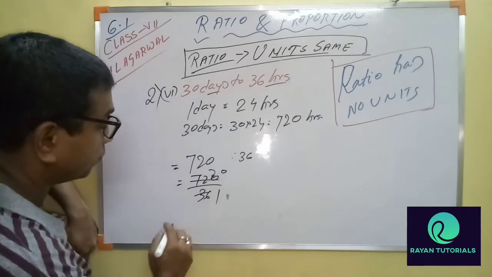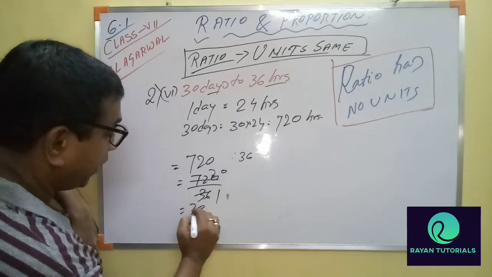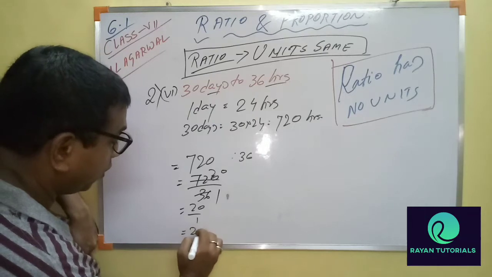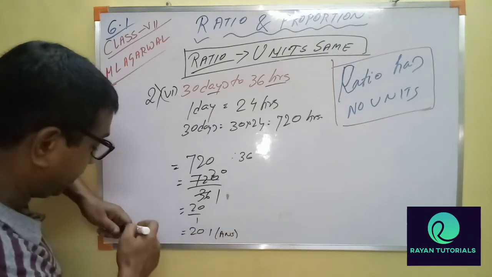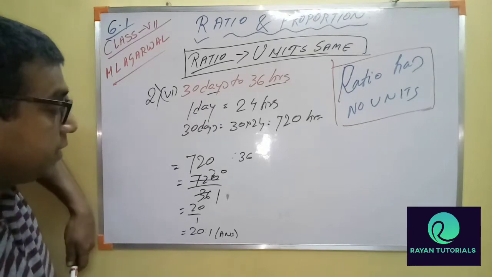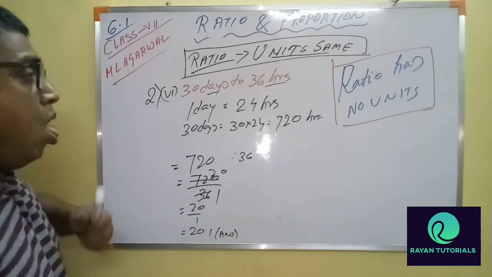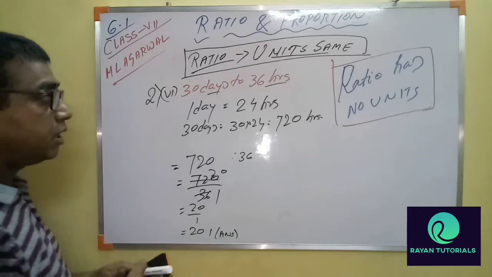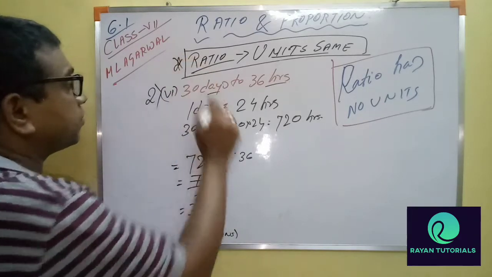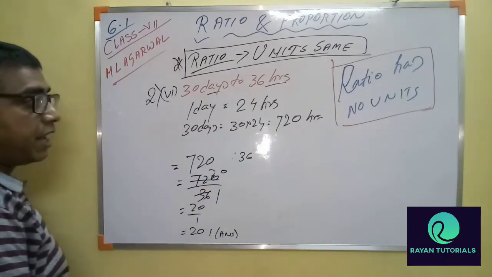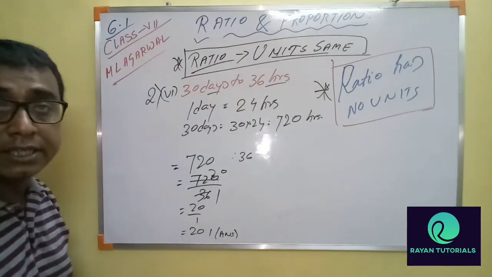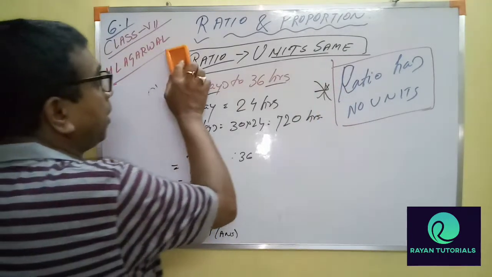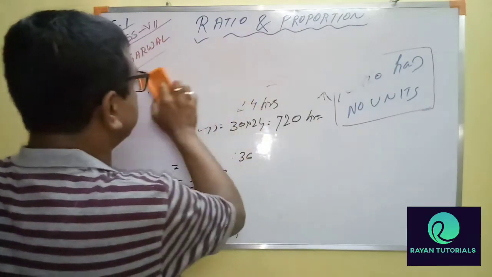Equals to 20 by 1 equals to 20 is to 1, and this should be my answer. Is that clear? So always remember, for ratio sums, always the units should be same, and in the ratio there should be no units. Clear? Okay.